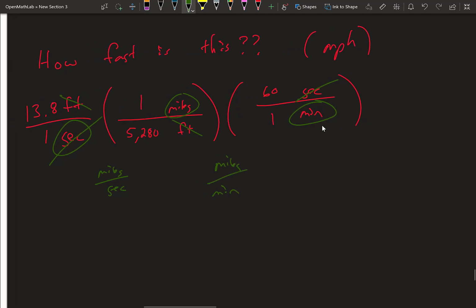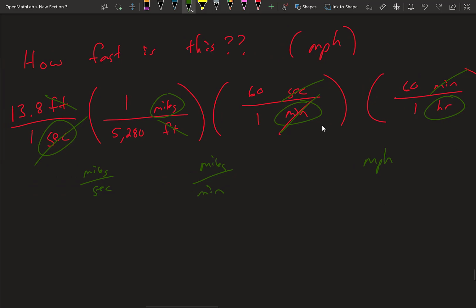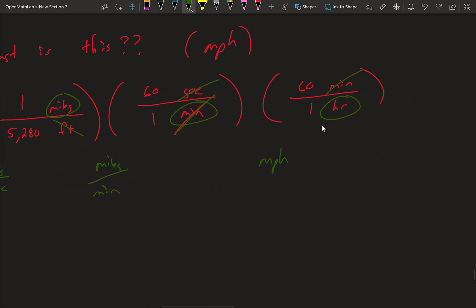Now we want to make the jump to get miles per hour, so we want the minutes to go away. There's 60 minutes in 1 hour. Since minutes are on the top and minutes are on the bottom, that goes away. So now we're finally in miles per hour, those are the units that are left.